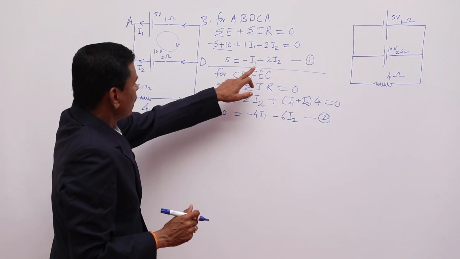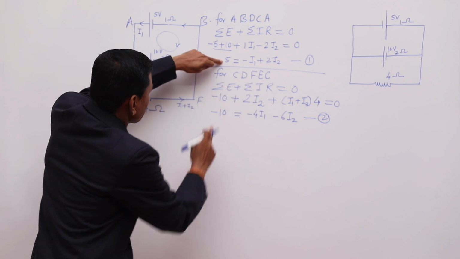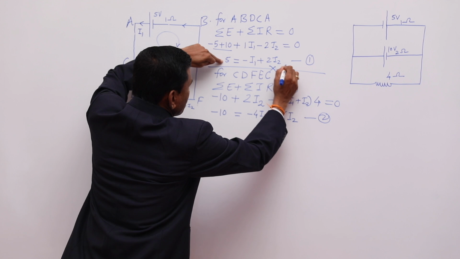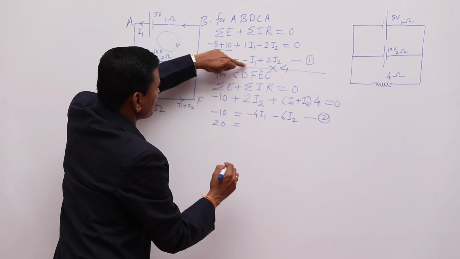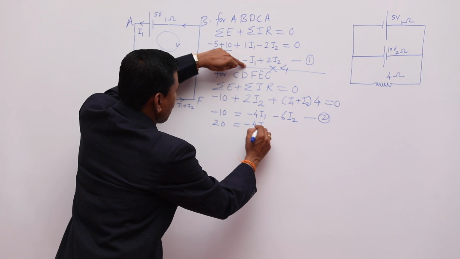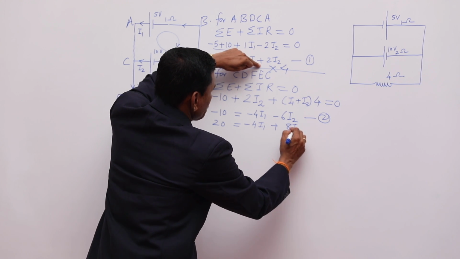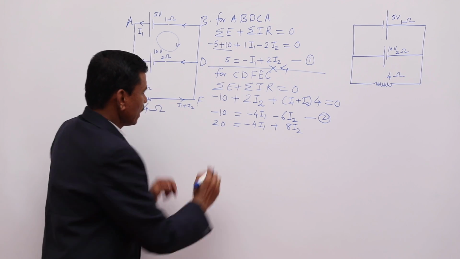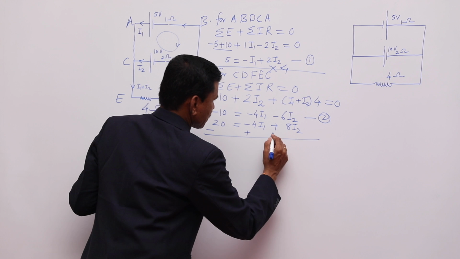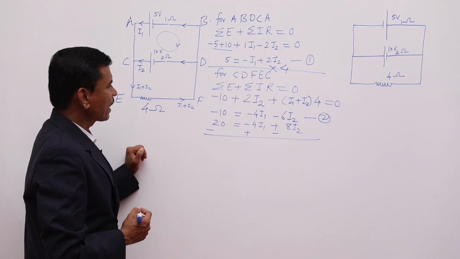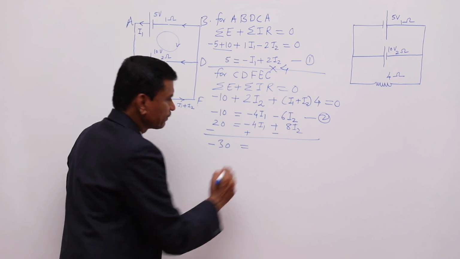Now multiply equation 1 by 4 and write here, so 20 is equal to minus 4 I1 plus 8 I2. Take the summation of these two, minus, plus, minus, we are subtracting, so that gives minus 30, isn't it?